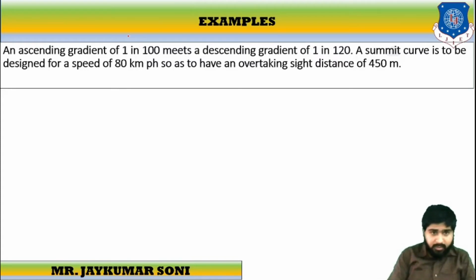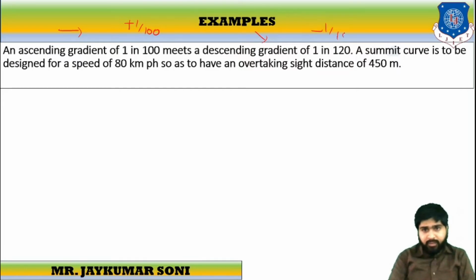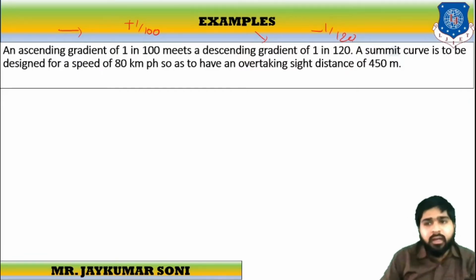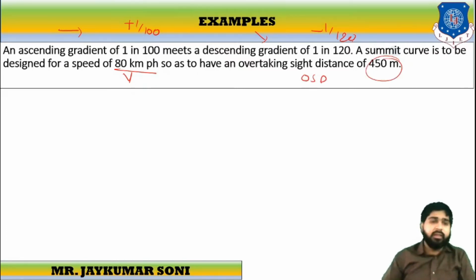So this is an ascending gradient, so it will be plus 1 by 100. A summit curve is to be designed for a speed of 80 kmph, that is capital V, so as to have an overtaking sight distance of 450 meters.